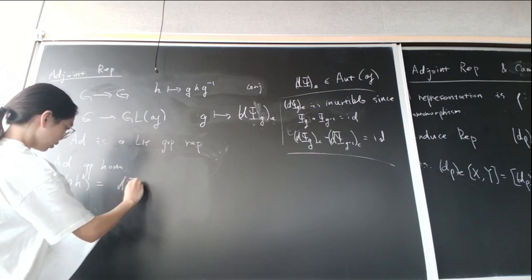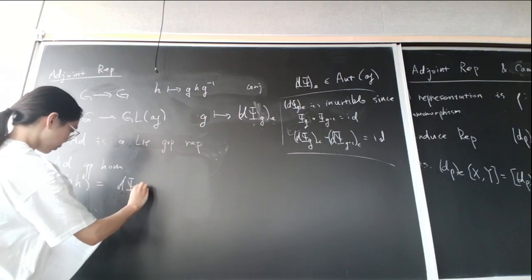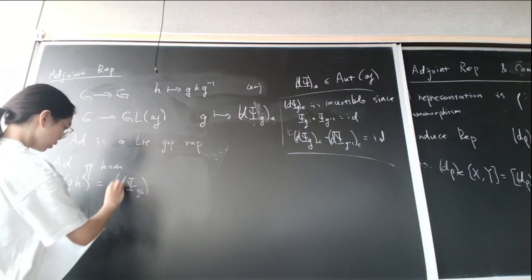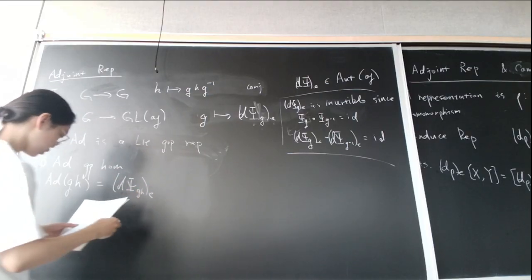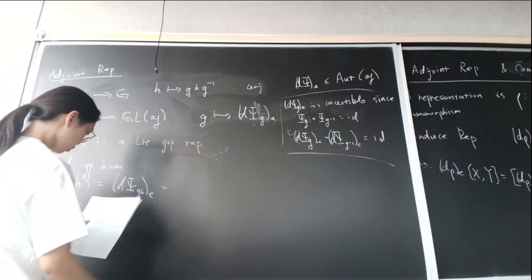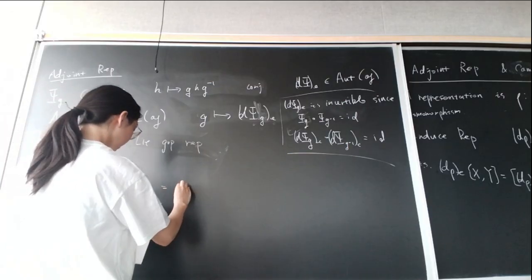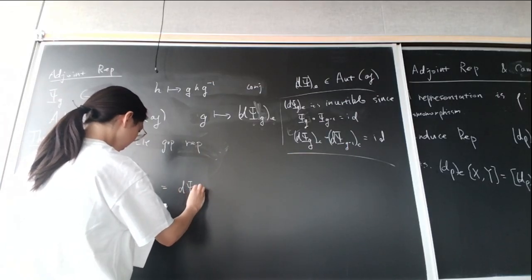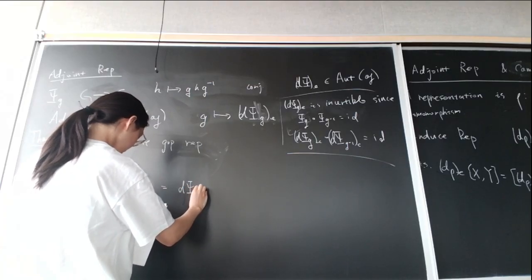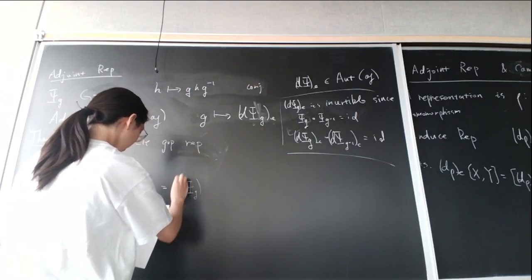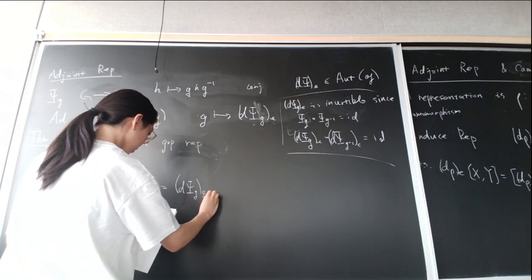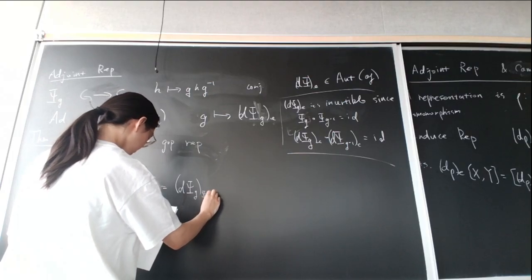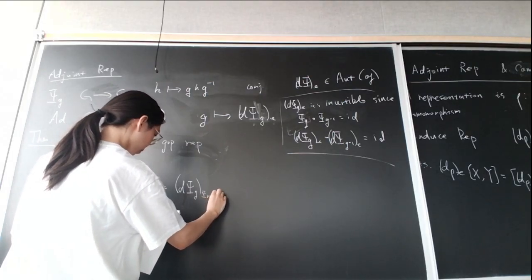Okay. Let's just compute AD of GH. That's the derivative of conjugation by GH at identity, which is equal to the derivative of conjugation by G composed with conjugation by H, applied to identity.